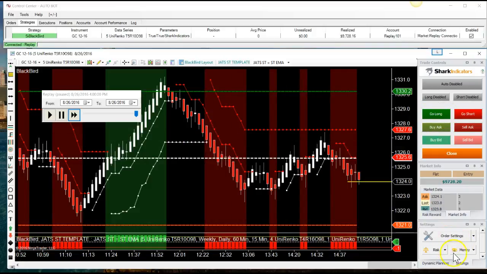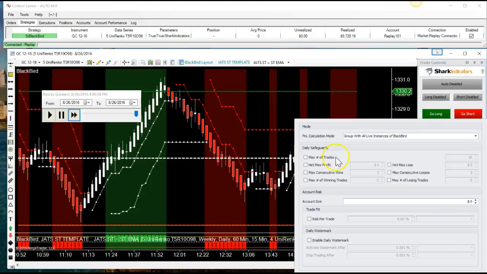You can set your money globally. Here's that watermark. Say you want to keep 25% of your profits after you hit $1,000, so you go home with 750. You can elect to put a risk per trade.